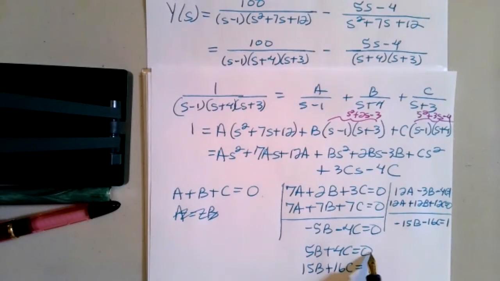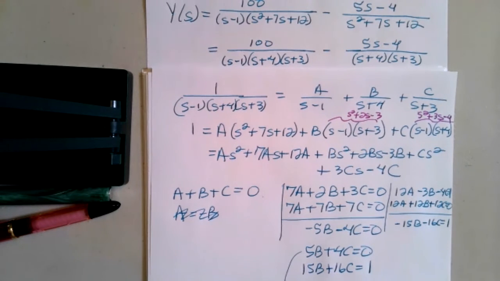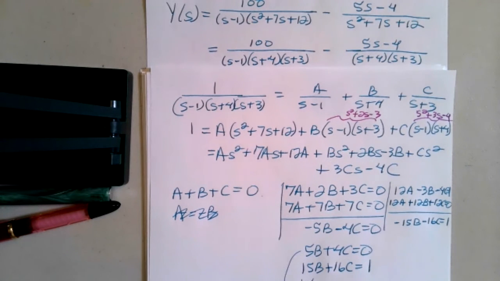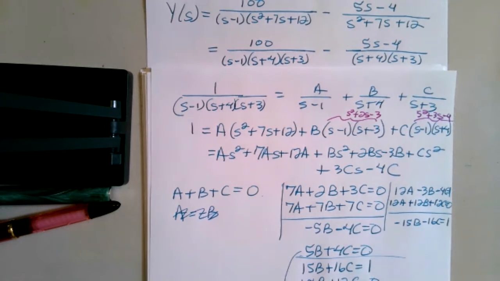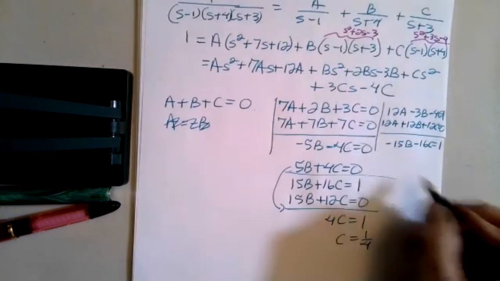So if I multiply this first equation by 3, that will become 15B plus 12C equals 0. Subtract, and that will give me 4C equals 1. So C is a fourth. Okay, and then you get the idea.